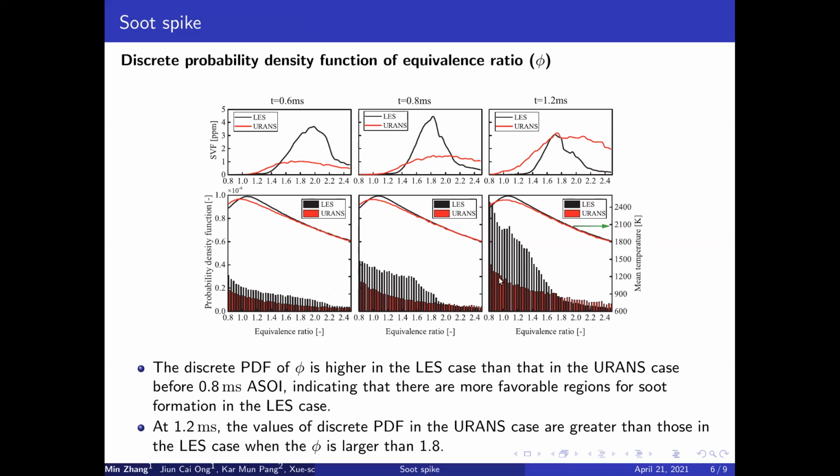And if we look at 1 millisecond, we can see that the values of discrete PDF in the URANS case are greater than those in the LES case when the equivalence ratio is larger than 1.8. So we can see the soot volume fraction during this region is higher in the URANS cases.